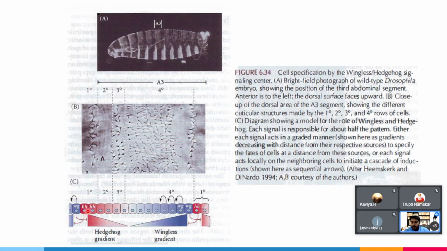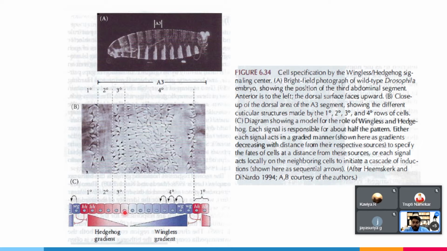So we see a gradient of hedgehog and a gradient of wingless, just as here. Wingless production inhibits hedgehog from coming over this side, hedgehog inhibits wingless here, so we have a sharp gradient that falls off in opposite directions.